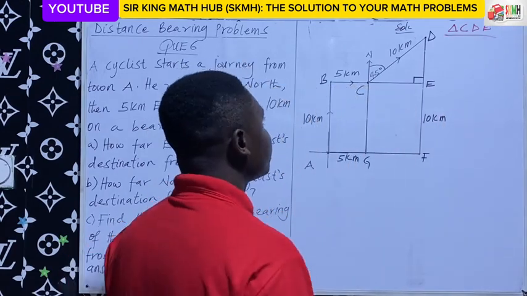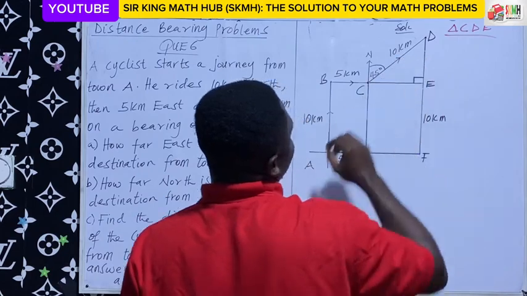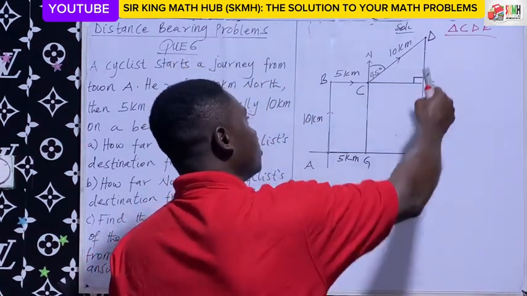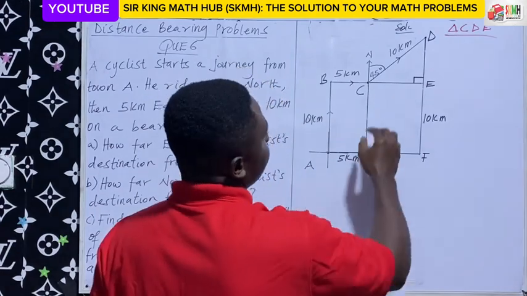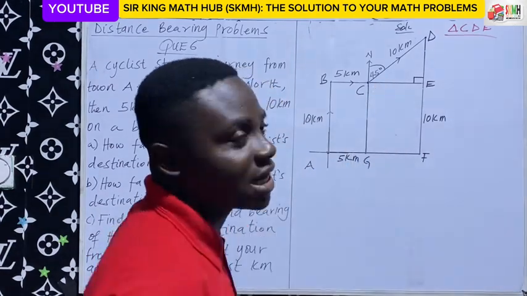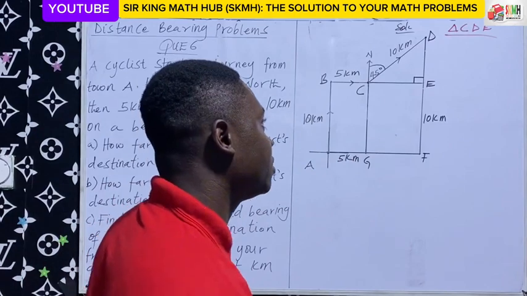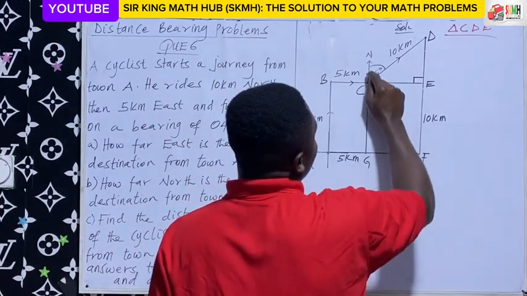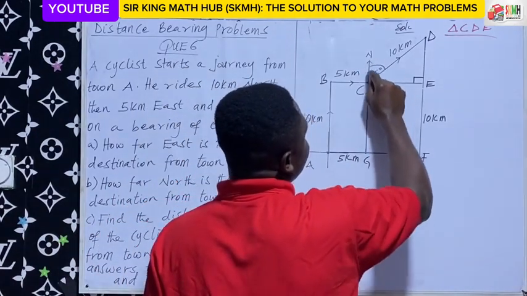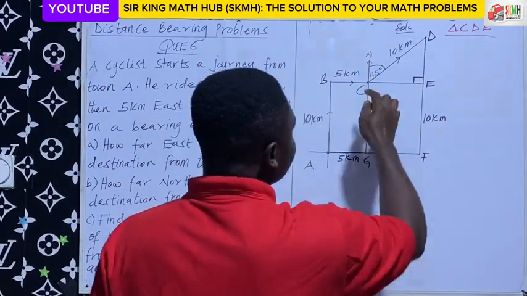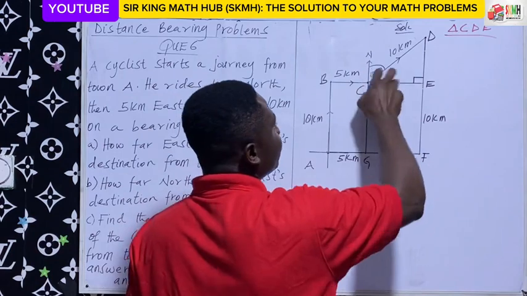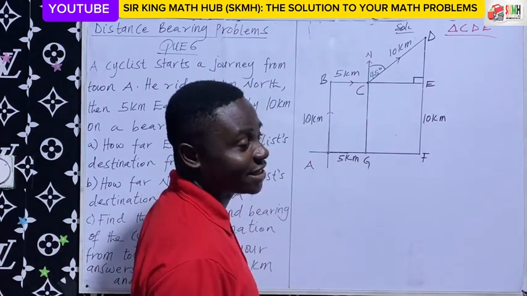So now, from this right angle triangle, before we can calculate this height and then this length, we will need at least one acute angle inside the right angle triangle. So now, there is a quadrant here. What is the measure of a quadrant? That is 90 degrees.